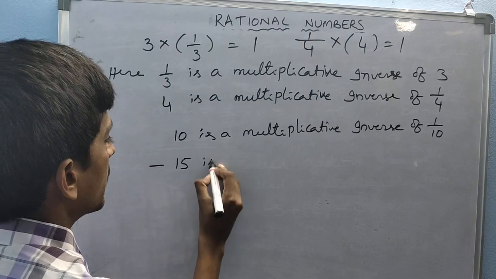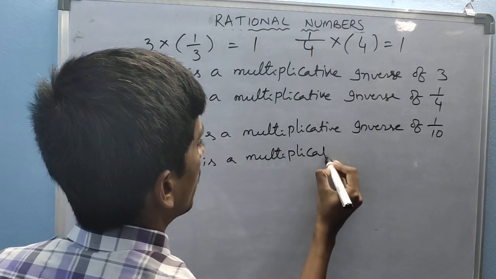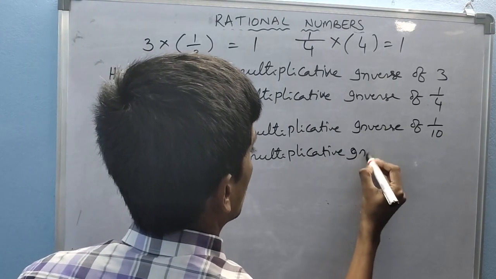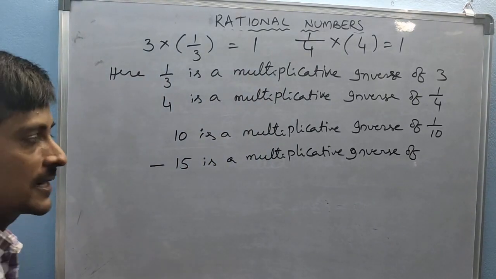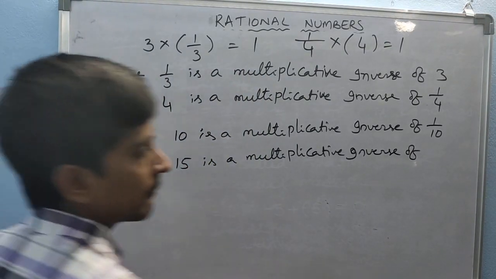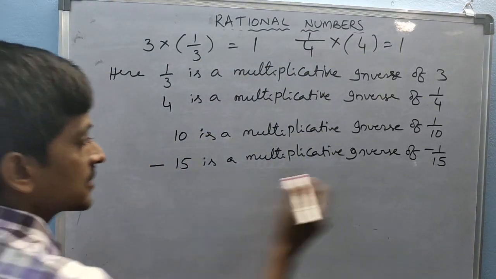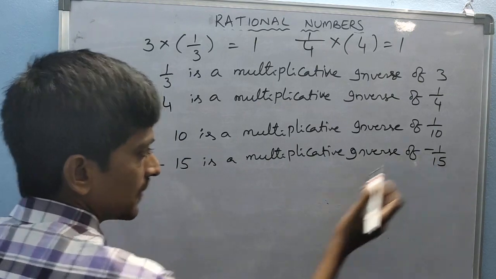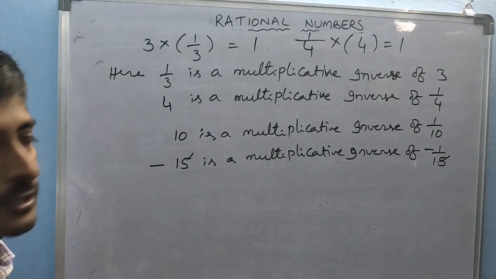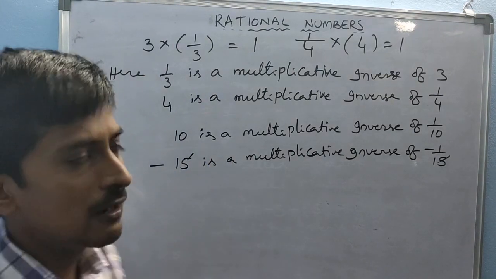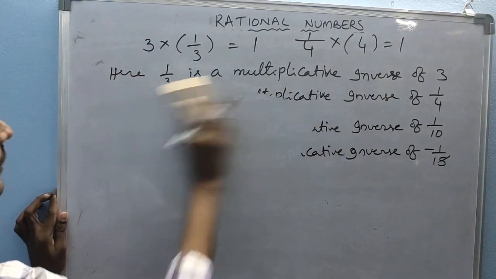Minus 15 is the multiplicative inverse of which number? Minus 1 by 15. Minus into minus is plus, and 15 cancels, so it gives 1. So these are the examples of inverse. Understand? Okay.